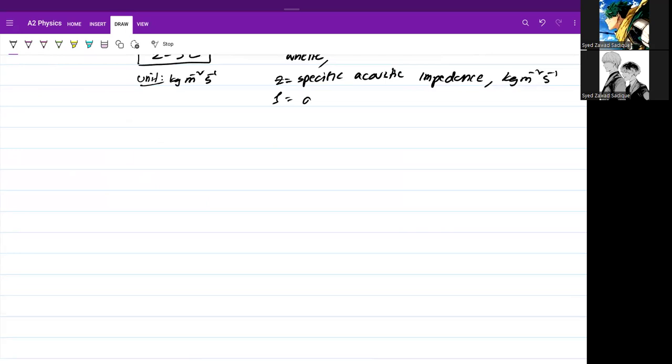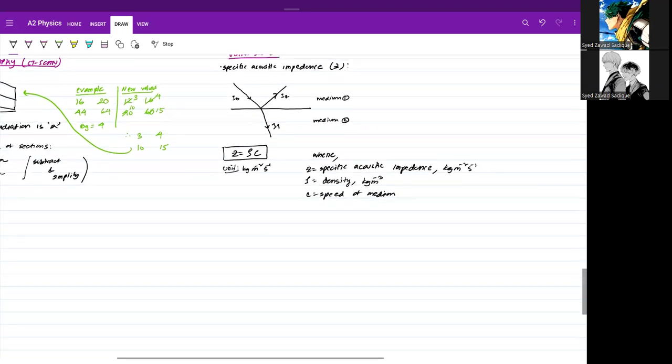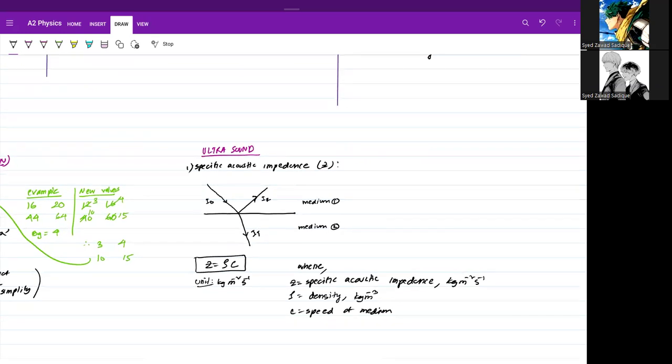Rho is density in kg per meter cube. And finally, C is the speed of the medium. Usually, you can also write V, but in our syllabus, this is denoted as C. So nothing to do. I can't teach you guys the wrong thing. I can teach you guys less, but not the wrong stuff. Right. What's next? Okay, this was one.